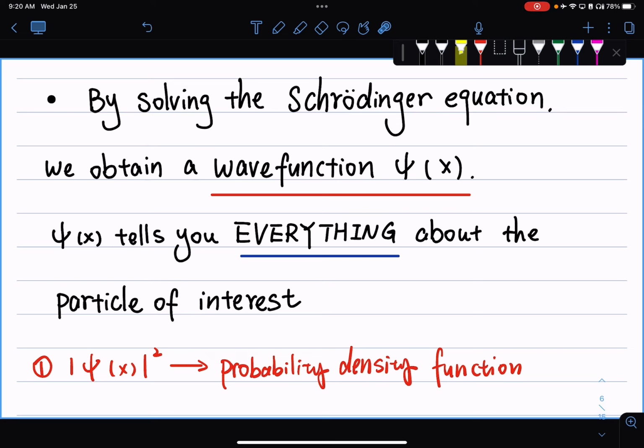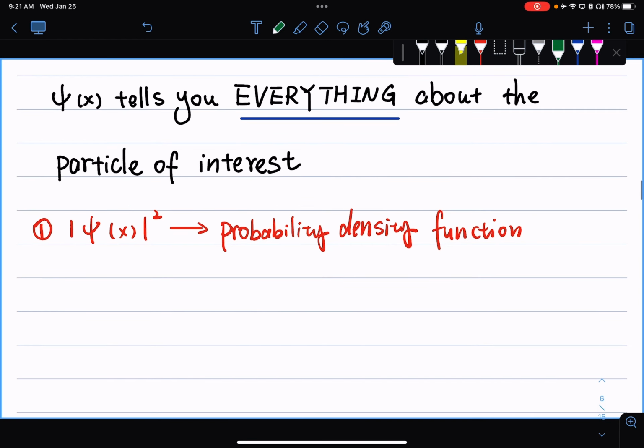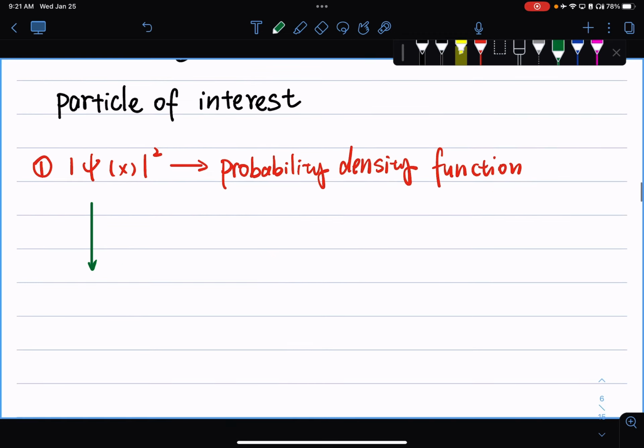And because it is a probability, now we have boundary conditions that give the wave function physical meaning. So the boundary condition coming out of it is that if you do an integral from negative infinity to infinity, meaning we go all the way across the span of this probability density function, it will add up to be 1.